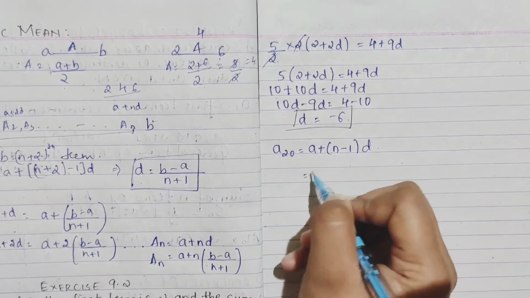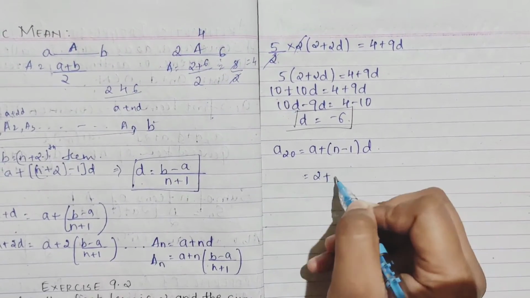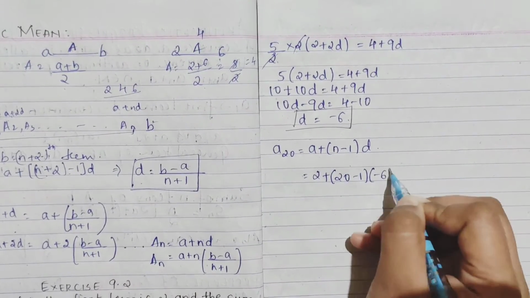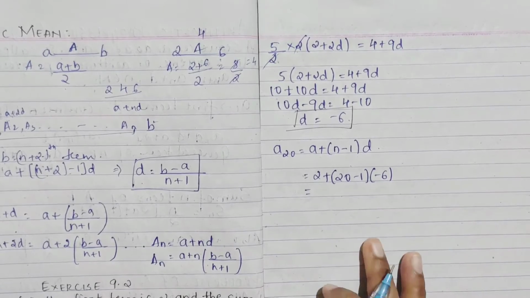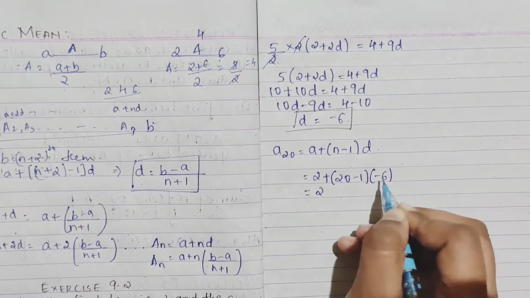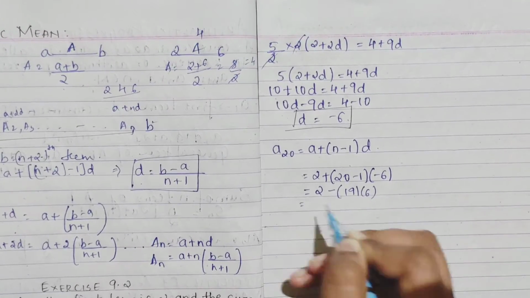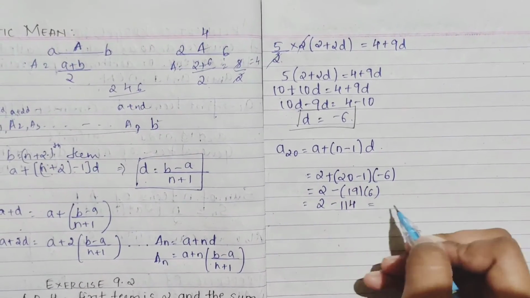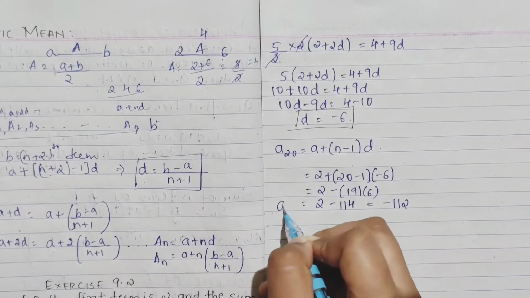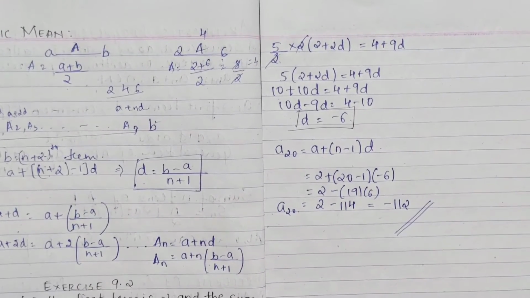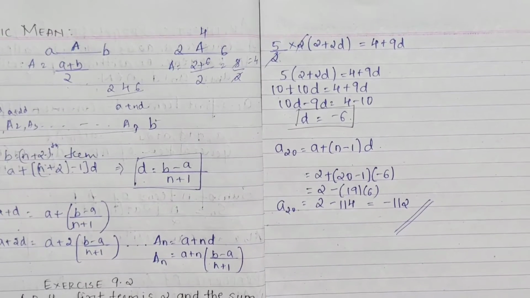So a_20, a they have given 2, our n is 20 minus 1, and d also we have got, that is minus 6. So see whether we are getting it or not. So 2 minus 19 into 6, you will get minus 112. So a_20 you are getting minus 112, which is correct. I hope this is clear for you how you have to solve.